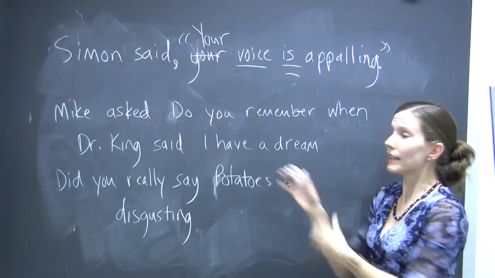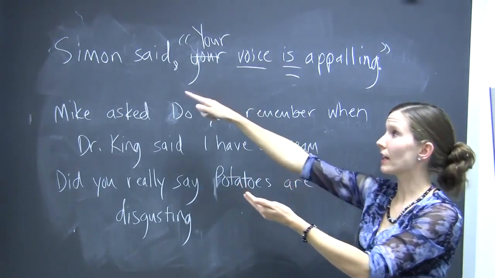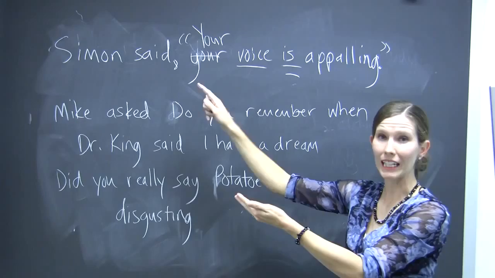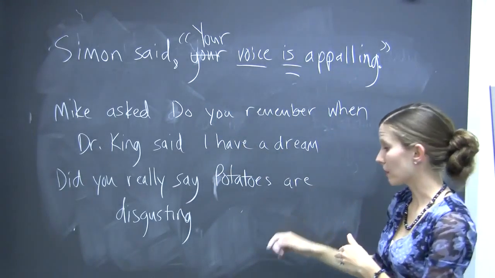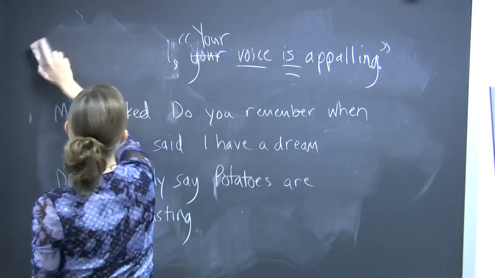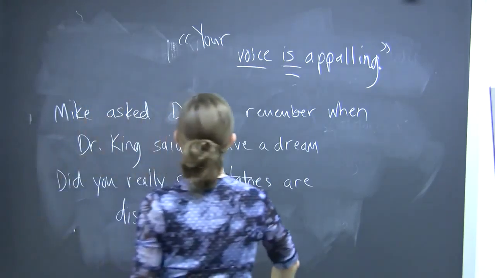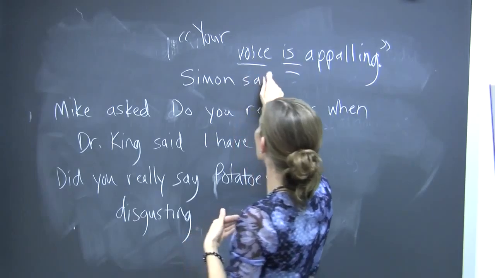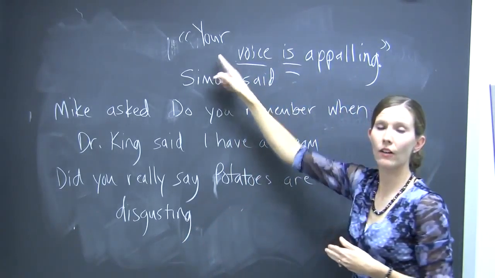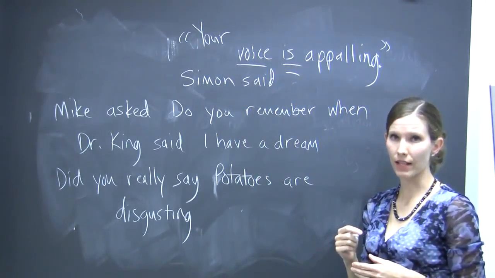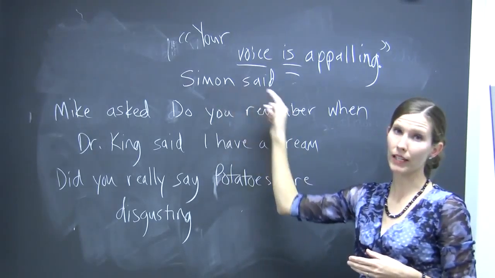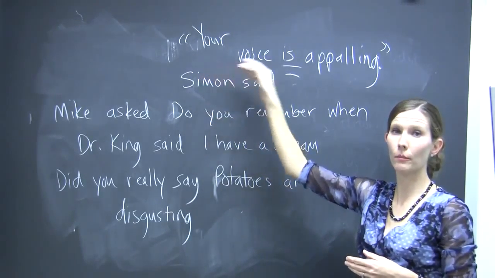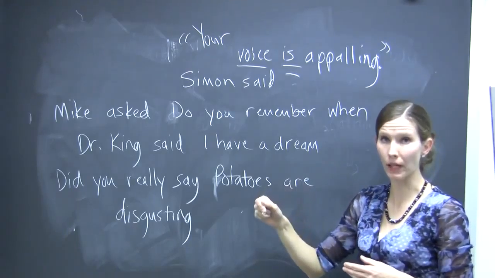Now, this changes a little bit if instead of the identifying tag coming at the beginning, it comes after the words that were spoken. So if I have, "Your voice is appalling," Simon said, I still separate the identifying tag from the quotation marks with a comma.